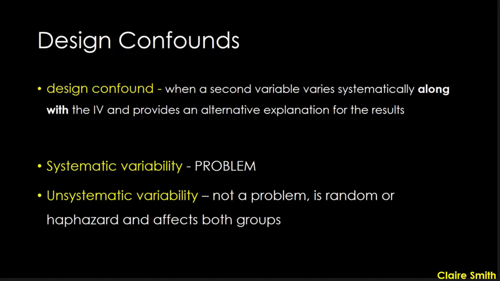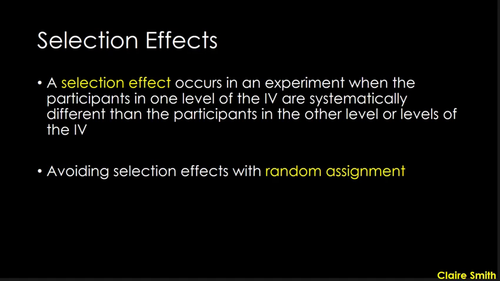Okay. We also have what's known as selection effects. A selection effect occurs in an experiment when the participants in one level of the independent variable are systematically different than the participants in the other level. So we can avoid selection effects with random assignment.